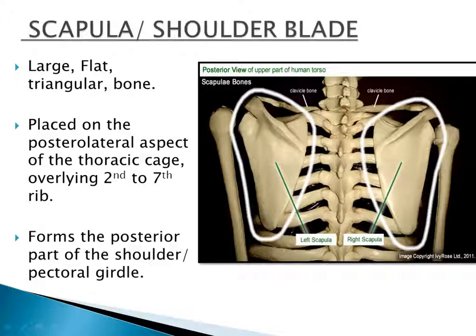The scapula forms the posterior part of the shoulder or the pectoral girdle. So this bone, which is present on the posterolateral aspect of the thoracic cage, it is triangular and a flat bone called as scapula, extending from second rib up to the seventh rib.